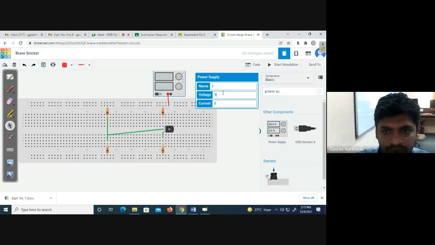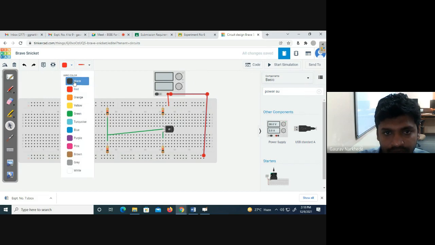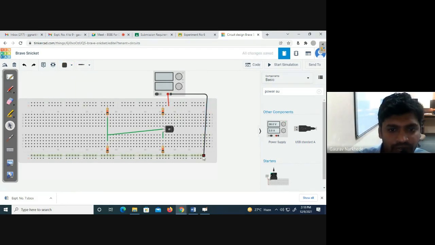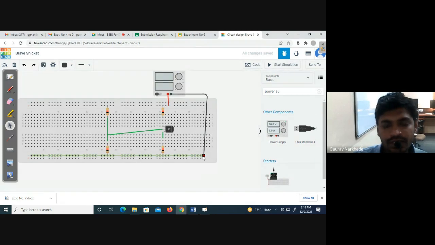How many volts do we want? 12 volts maybe. The negative terminal I am just connecting to ground, because this is ground, correct? So this complete line is connected. You can see the green line, right? And this is your plus VCC. Now what do we want?